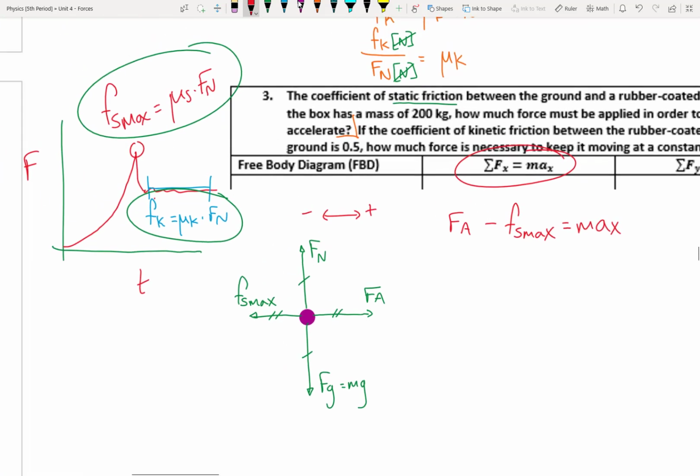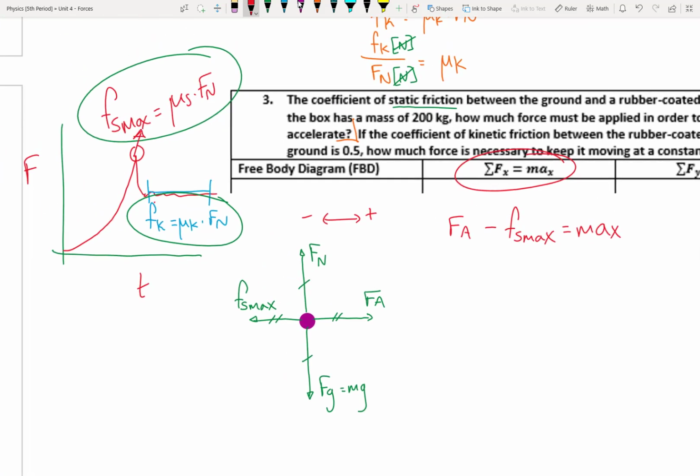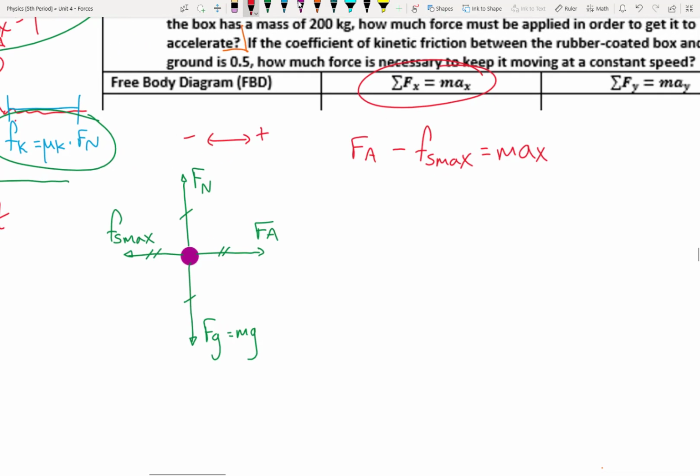And the moment I get to this Fs max, right at the peak, that's when it starts to move. So up until that point, I need to get my applied force to be equal to Fs at a maximum. If you ever see a problem that says what force is required to get it moving, then you're just trying to figure out what is Fs maximum. That's how much force you need to push or pull with. And Fs max needs to be equal to mu s times the normal force.